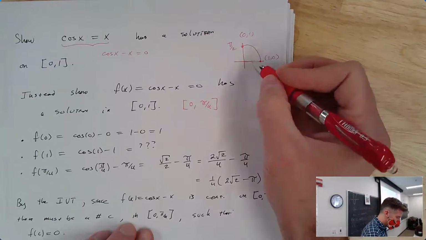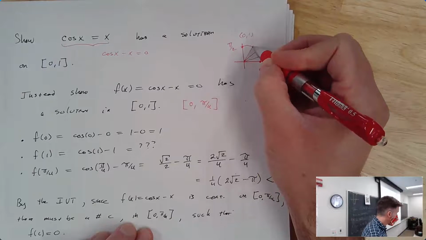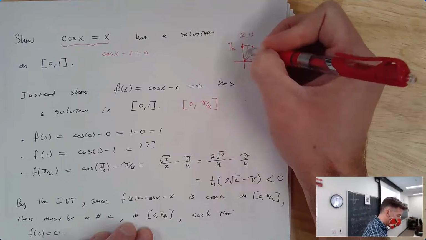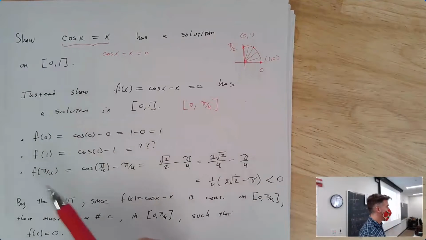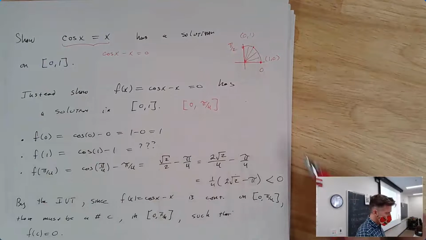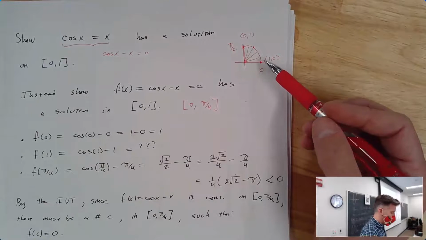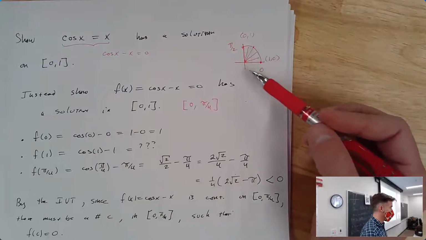So as the angle gets bigger, the cosine value gets smaller, at least for sure in the first quadrant. And 1 radian is definitely in the first quadrant, right? It's less than pi over 2. So cosine of 1 is positive, but it's definitely not equal to 1, because cosine of 0 is where we get 1.